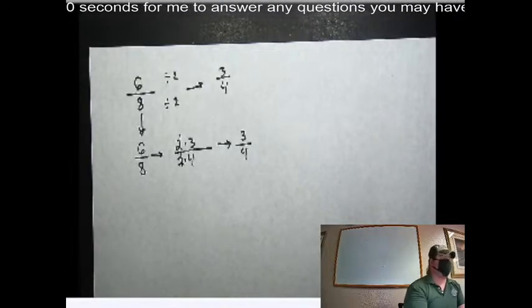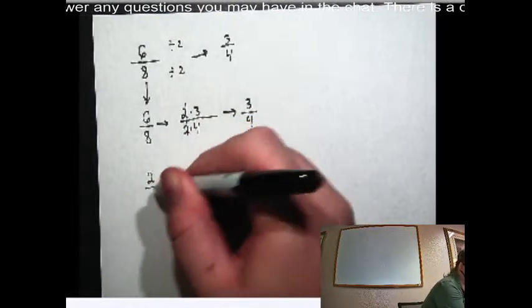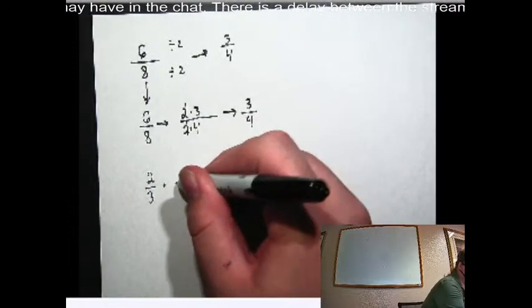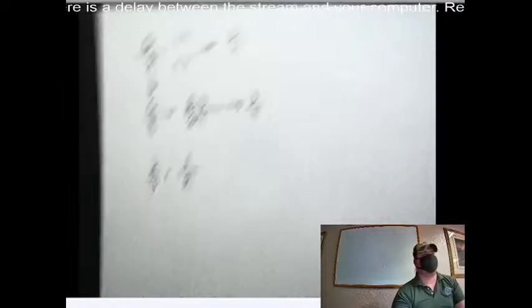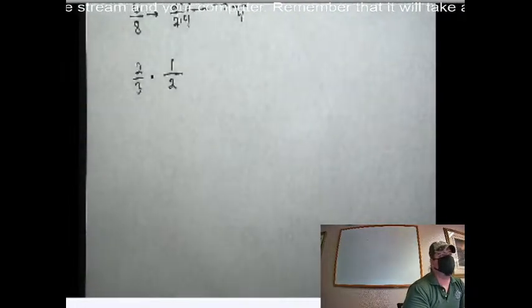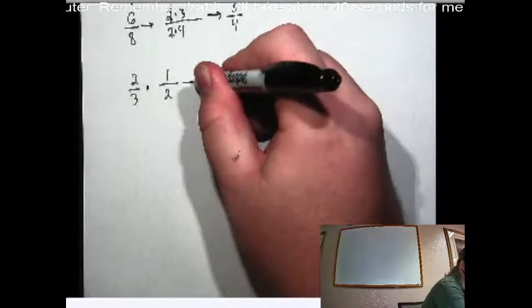Okay, another thing I want to talk about. If we have fractions that we are multiplying, it's quite simple. All we do is we multiply the top numbers and multiply the bottom numbers.